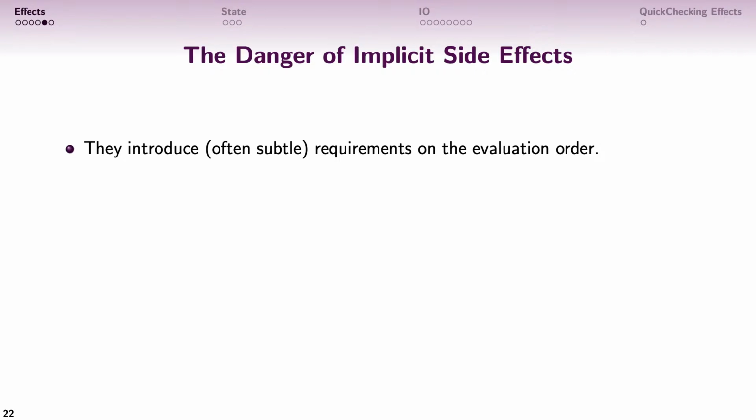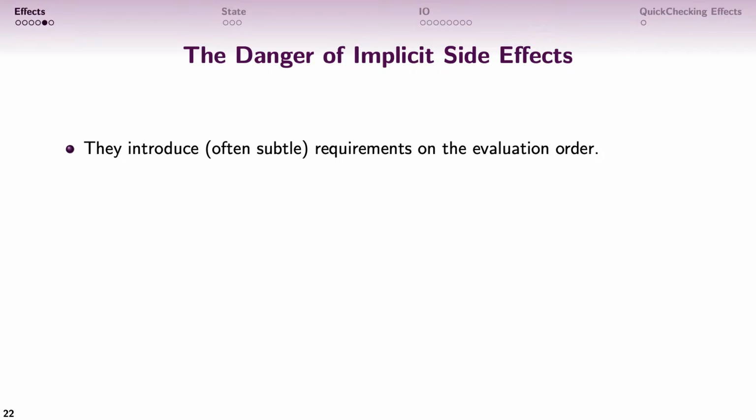Not only that, but this is an evaluation order problem. So in Haskell, when we've been doing our equational reasoning, we just substitute equals for equals. If I have let x equal some big expensive computation in x plus x, then I can rely on Haskell to evaluate this in a sensible order and just produce the right result.